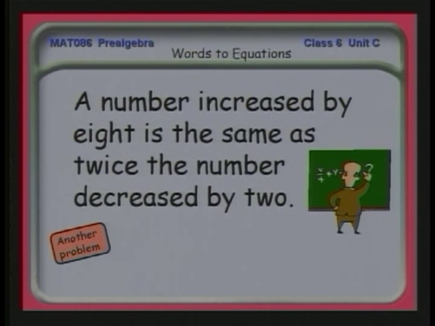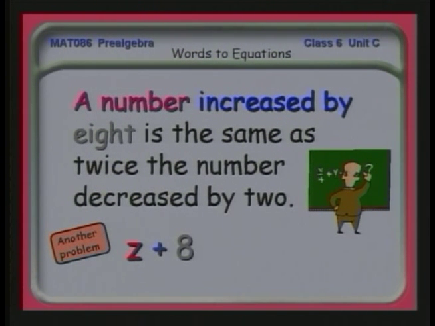Let's look at another one of these examples. A number increased by 8 is the same as twice the number decreased by 2. Let's see if we can pick this one apart. A number, z, we'll just call the number z, increased by 8. We add 8 to it.